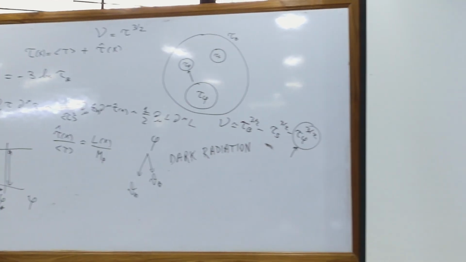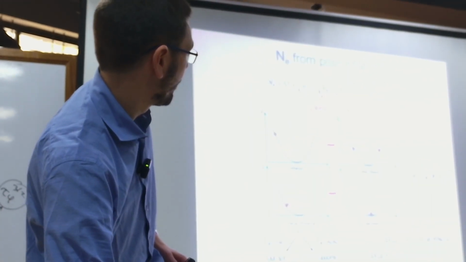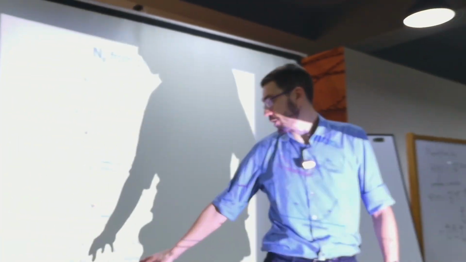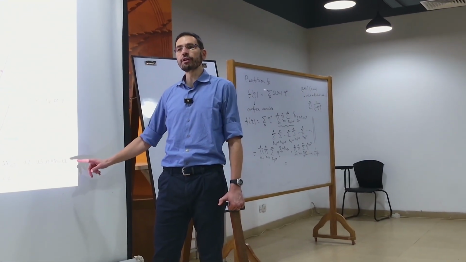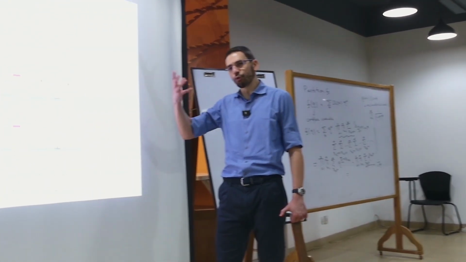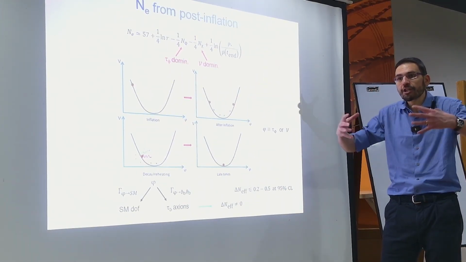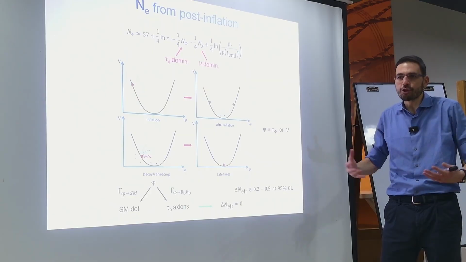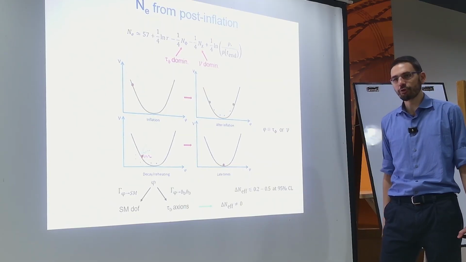Yes, yeah. I mentioned before, you see there are bounds. People measure this. Of course, if you increase, you see intuitively that if you increase the amount of radiation in the universe, you change the expansion rate, which is constrained by observations, and then you can get down to this.